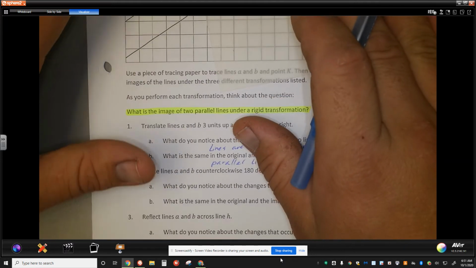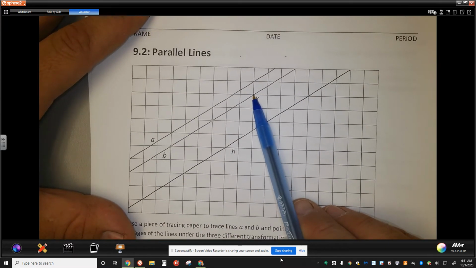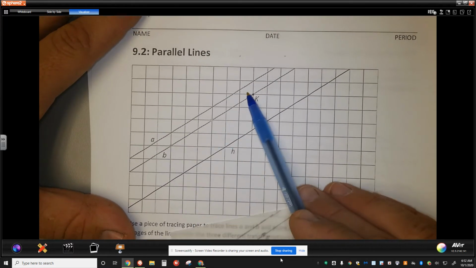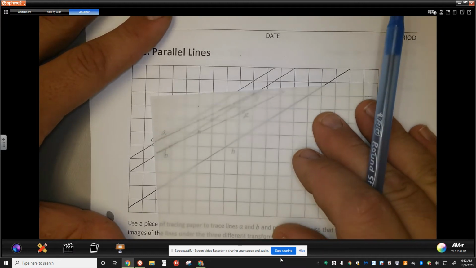So as we see that point K is on the line, that should indicate to us that line B should stay in its exact same place when we rotate 180 degrees.